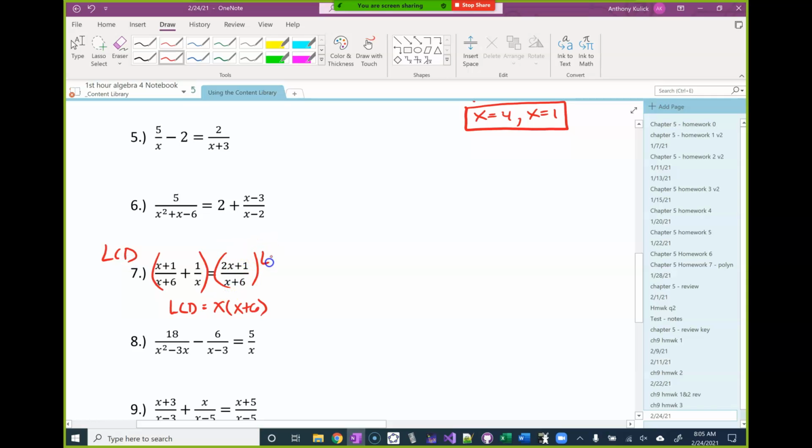So I'll multiply both sides by that least common denominator. I'm just going to write LCD rather than trying to write all the symbols there.